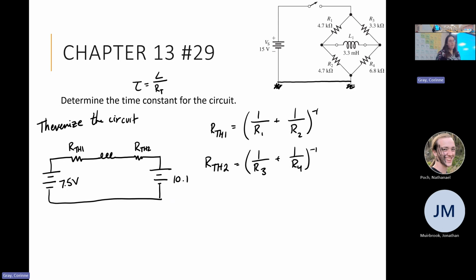So to find RT, not RTH, I take my Thevenin's resistance for basically the left side of the Wheatstone bridge plus the value on the right side. And again, you do not need to know how to do this for this class here.